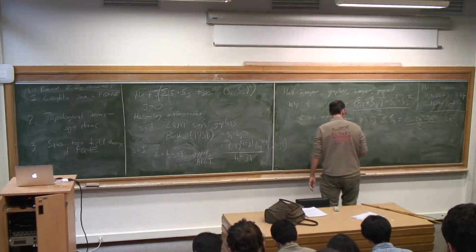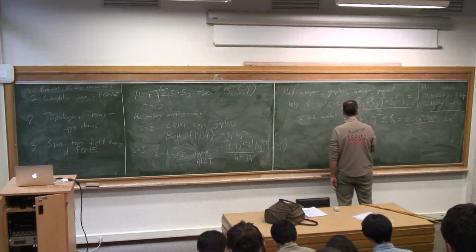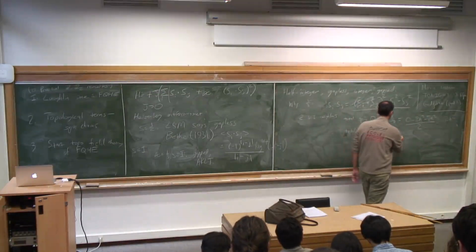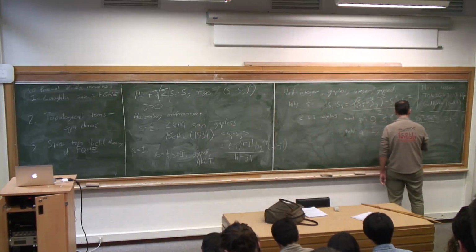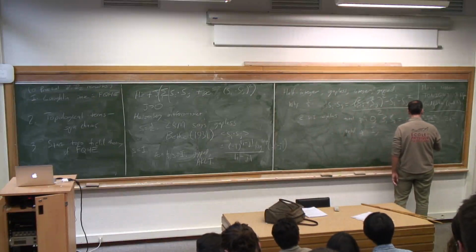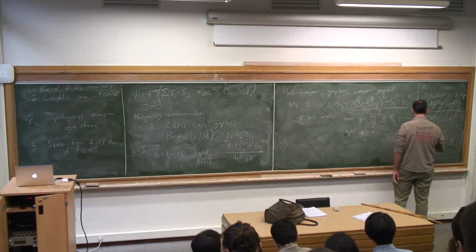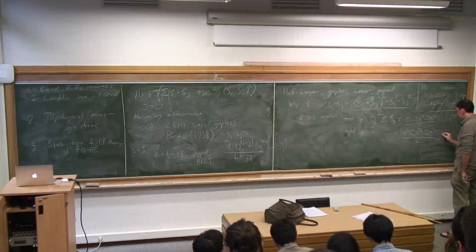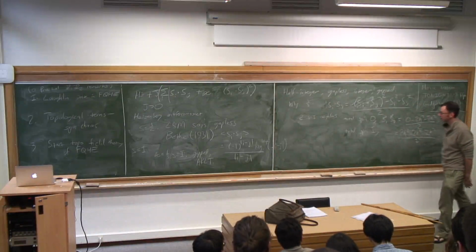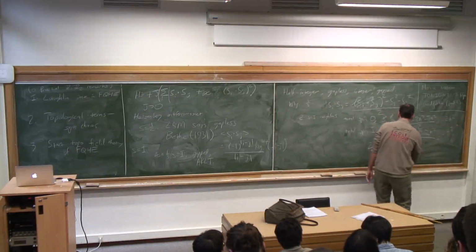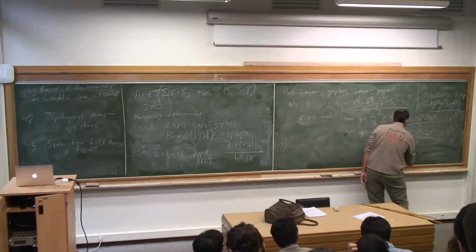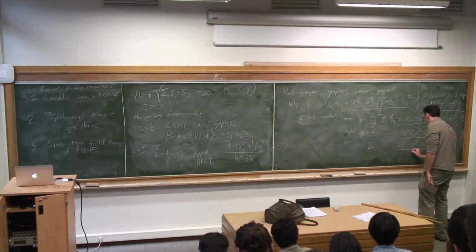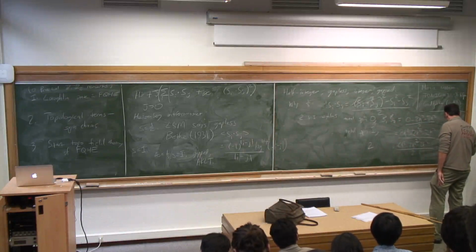If I took total spin 1, then we've got 2h bar squared minus 2h bar squared minus 2h bar squared over 2, which is minus h bar squared. And then finally, spin 2 will have 6h bar squared minus 2h bar squared minus 2h bar squared over 2, or plus h bar squared.